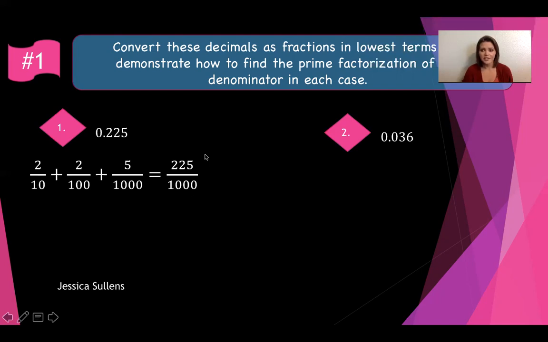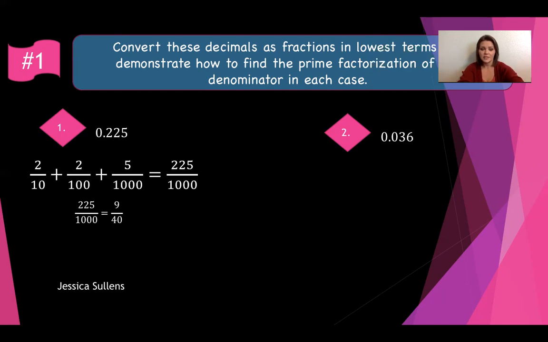Well, that's a pretty large fraction, and we definitely can simplify it. So we're going to think of a number that goes into both of these. Looking at them, we automatically know that 25 goes into both numbers. So we divide 25 into 225 and 25 into 1,000, and we get 9 over 40.